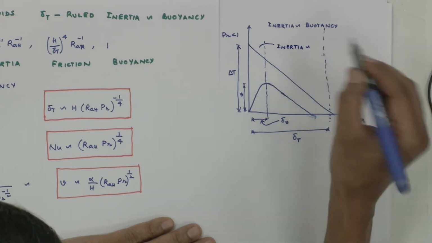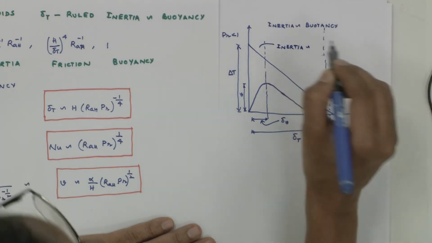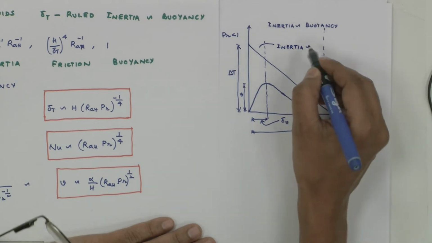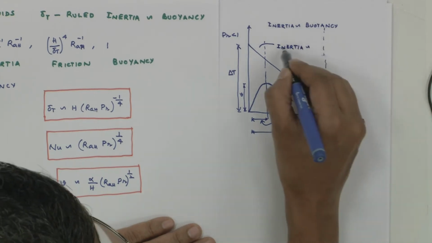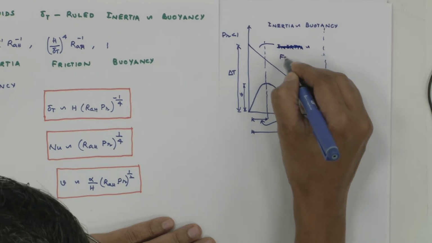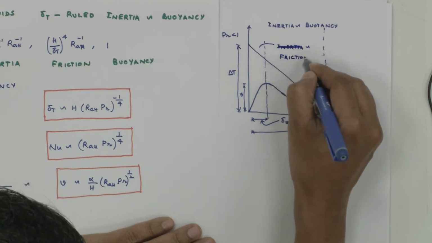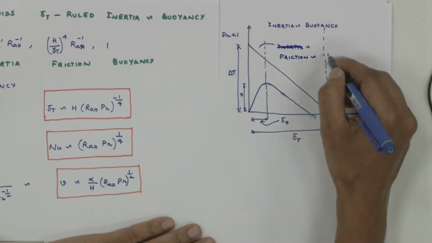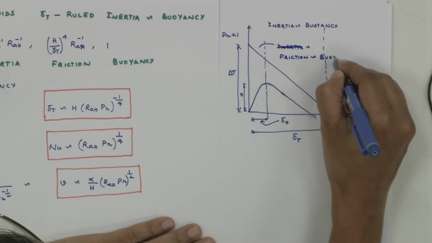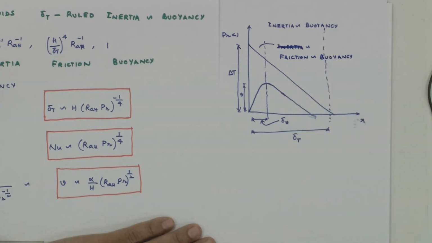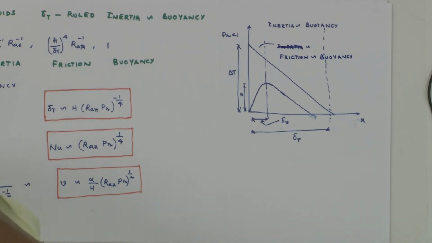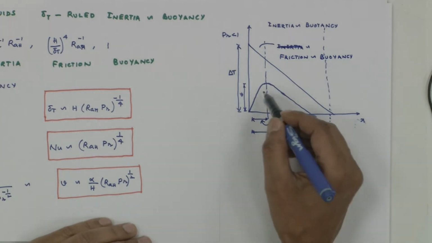Sorry, in this region, friction is balanced by buoyancy. Friction is balanced by buoyancy. Okay, because this is the region.